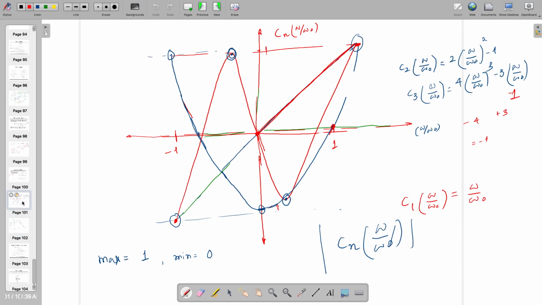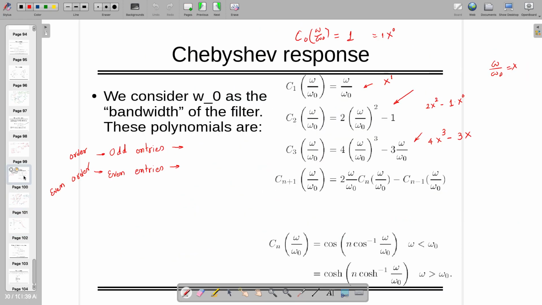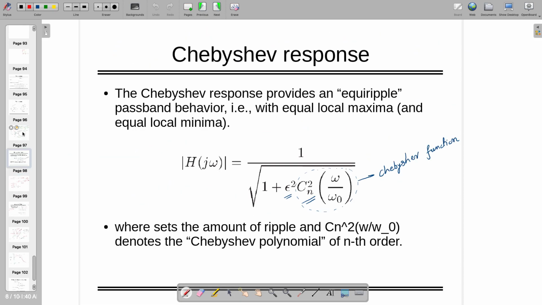Right now we have derived only the Cn function. But in reality, in Chebyshev approximation, it becomes Cn square omega by omega naught because of the magnitude. So Cn square is not going below 0. All the negative entries also become plus.